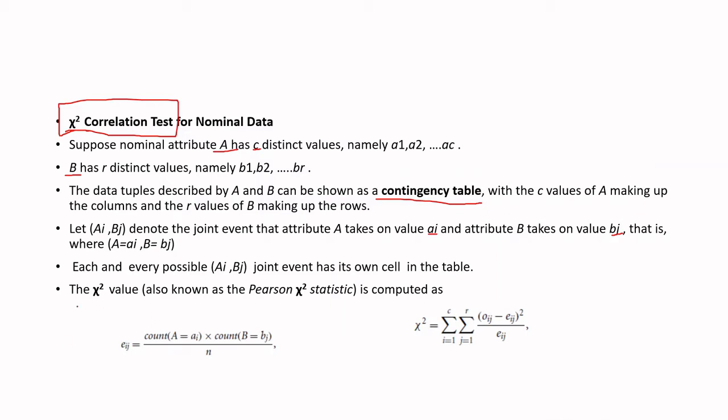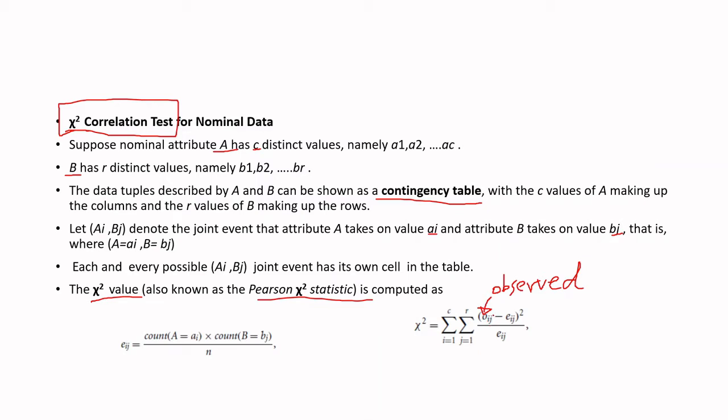Now, how do you calculate the chi-squared value, Pearson's chi-squared statistic? That is what we are using to find out whether there is a correlation between the two attributes. Now, what we do is we find out this Oij. Oij stands for the observed number corresponding to attribute A taking on value Ai and B taking on value Bj.